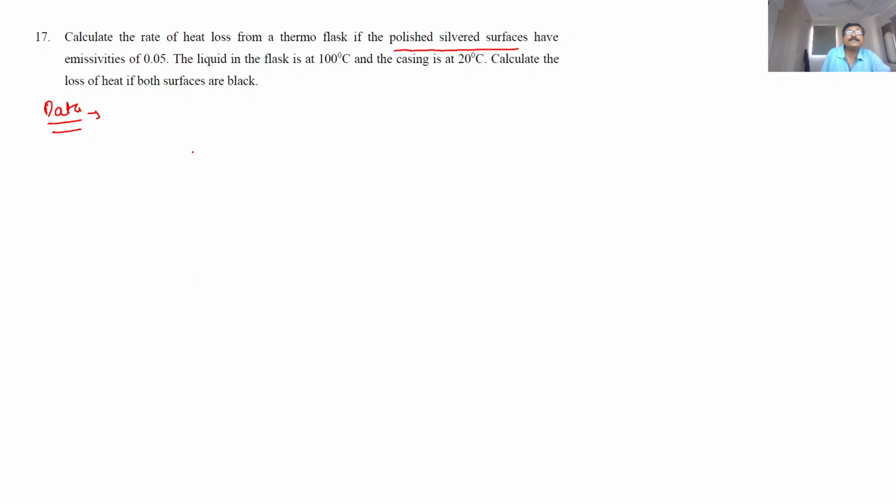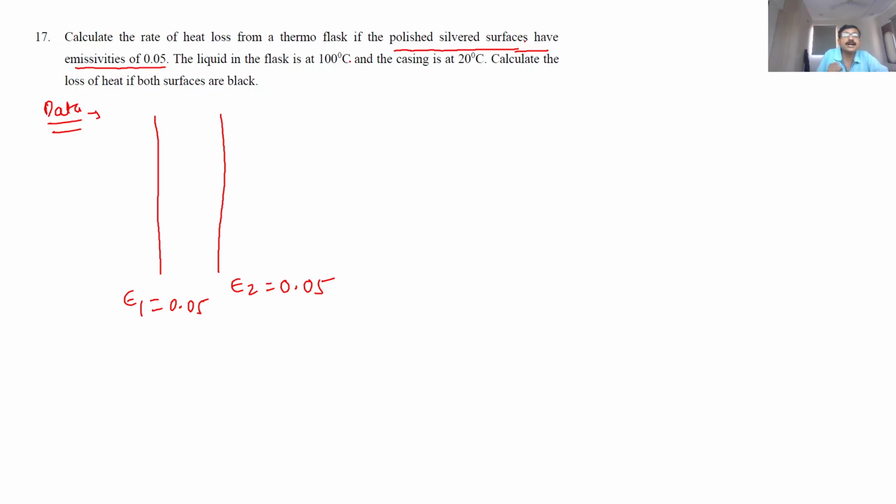So let's imagine this is the inner wall and this is the outer wall of the thermos flask, and both walls have emissivities of 0.05. So let's say the inner wall I am denoting as epsilon 1, that is 0.05, and the outer wall I am denoting as 2, that is having emissivity 0.05, because they have mentioned both walls having emissivities of 0.05.